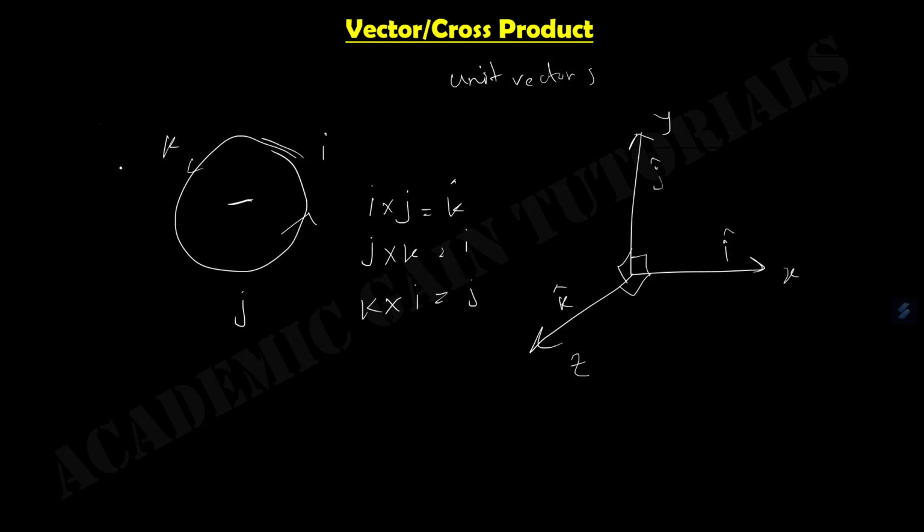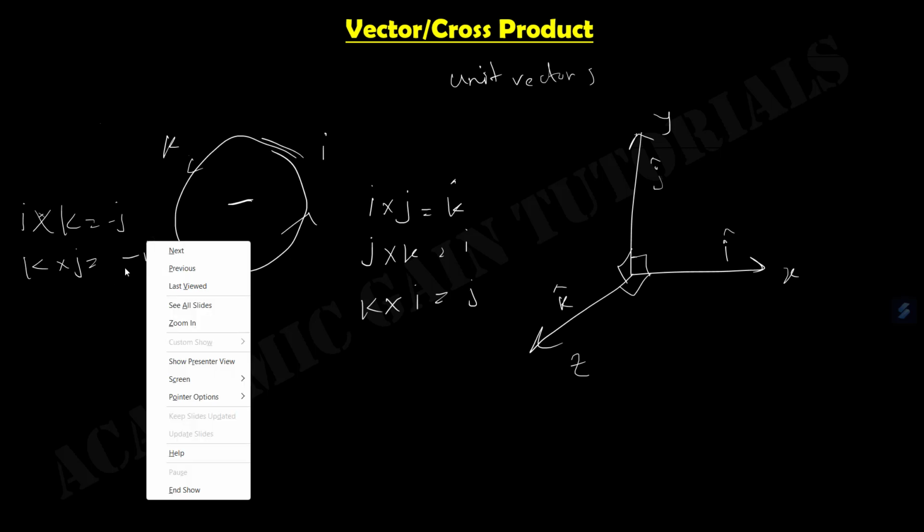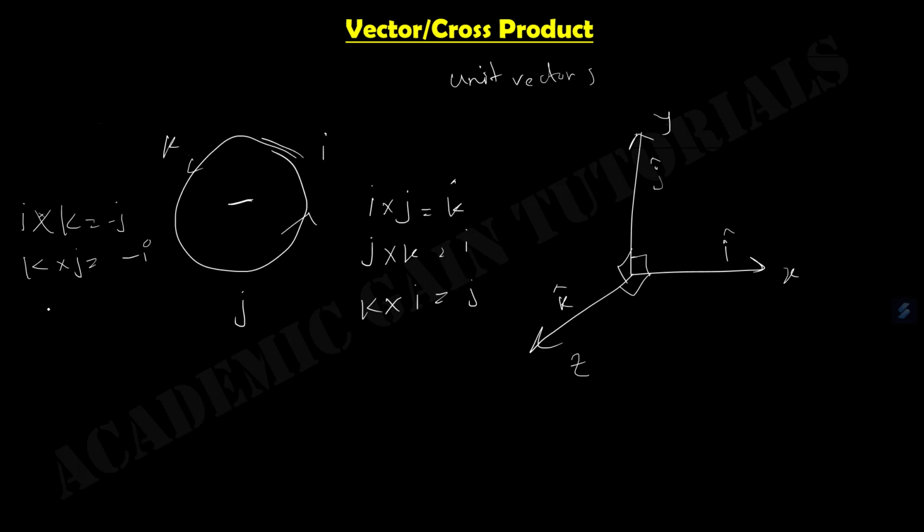That means i cross k will be minus j, k cross j will be minus i, and j cross i will be minus k. So we will remember the unit vector cross products in that manner.